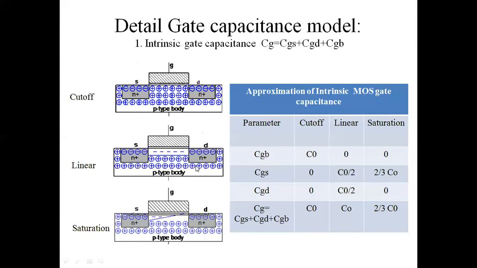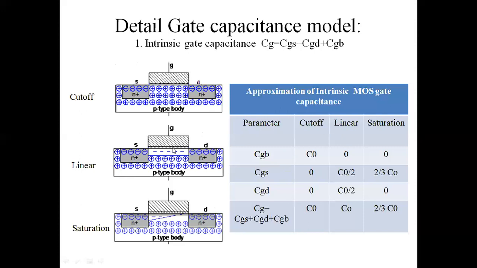Now in the linear region, what happens? A uniform channel is present between the two n-type materials. So the source and drain channel acts as the conducting plate, and the gate is the second conducting material, separated by the insulator, that is the oxide layer.